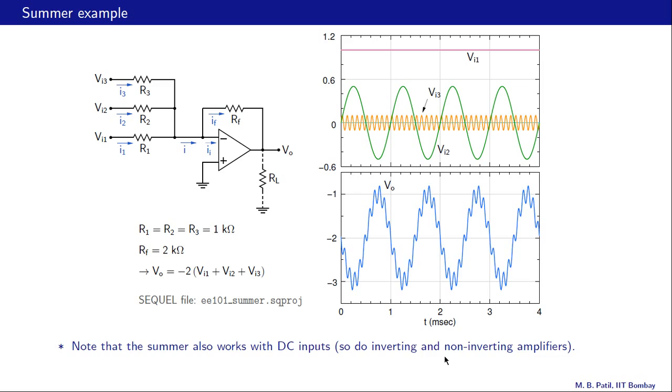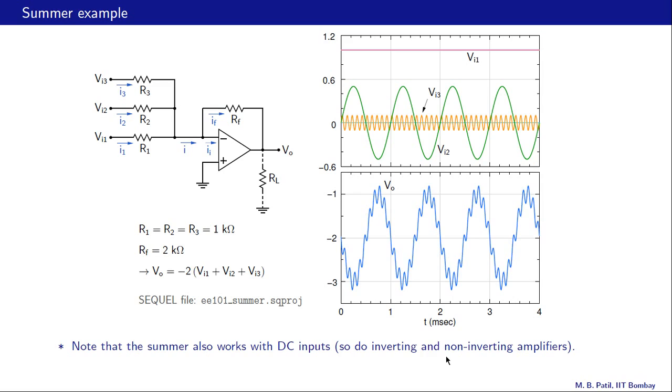And compare that with the common emitter amplifier we have seen before. In the common emitter amplifier, if you recall, we had a coupling capacitor which connected the input voltage to the amplifier. And if the input voltage is a DC voltage, then this coupling capacitor would block that input voltage, because the entire DC input voltage would appear across the coupling capacitor, and the amplifier will not even see that DC voltage, and therefore it will have no impact on the output of the amplifier.